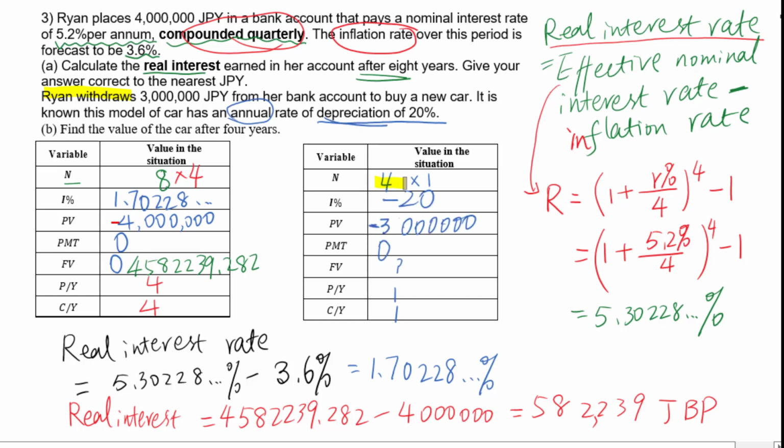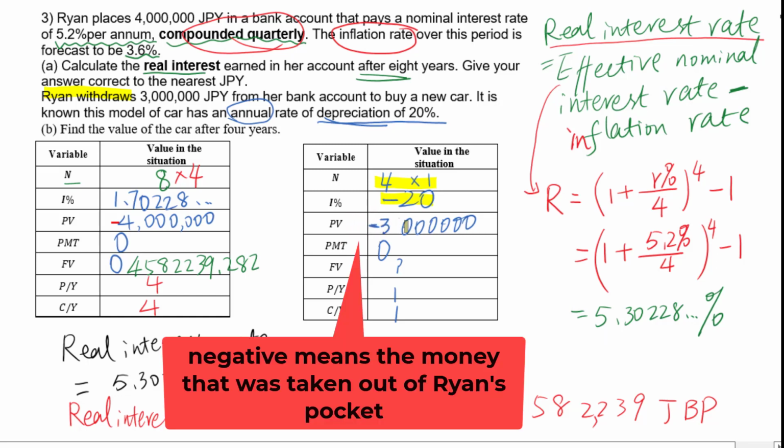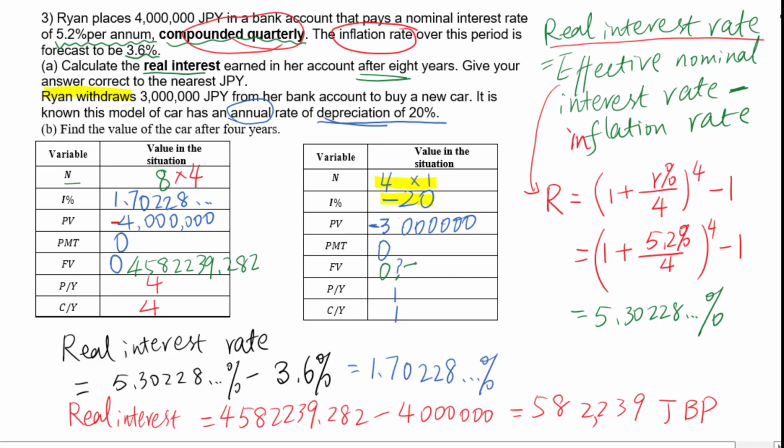The depreciation rate is negative 20. PV is negative 3 million JPY. PMT is 0. FV is the value we are looking for, so we put the 0 first.